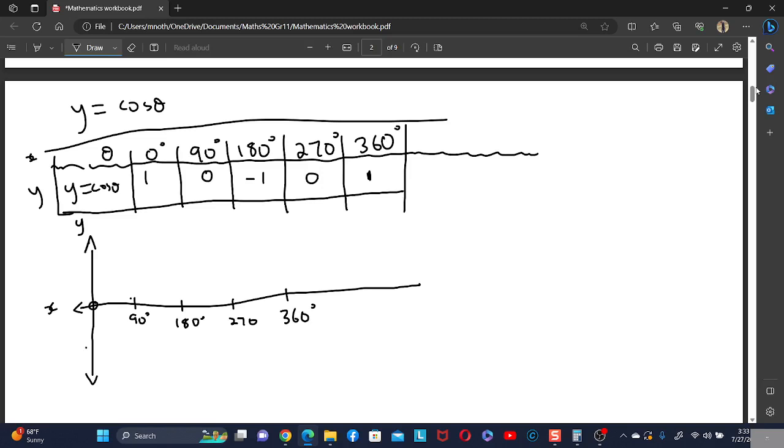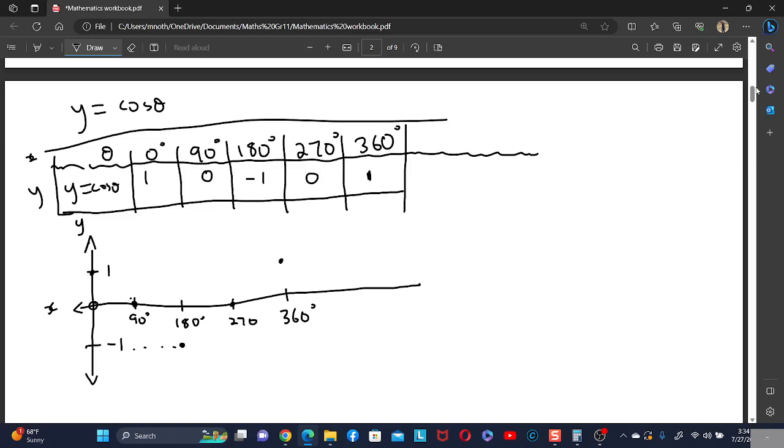Now 0 degrees it's 1, so 0 degrees is going to be here. And then 90 degrees it's 0, so it's going to be here in 90 degrees. And then 180 degrees it's -1, 270 it's 0, 360 it's 1. So it's going to be here.